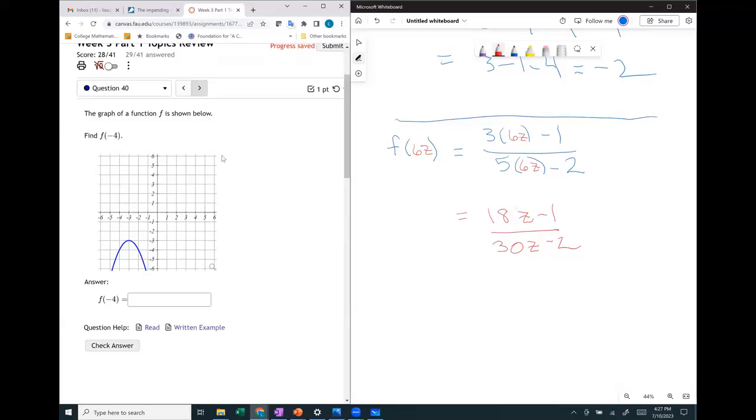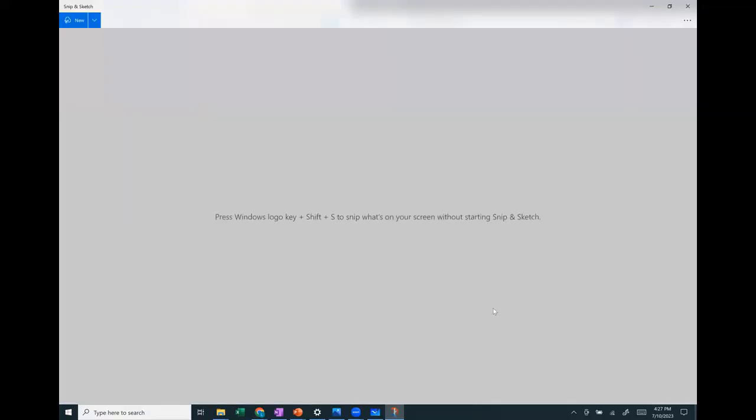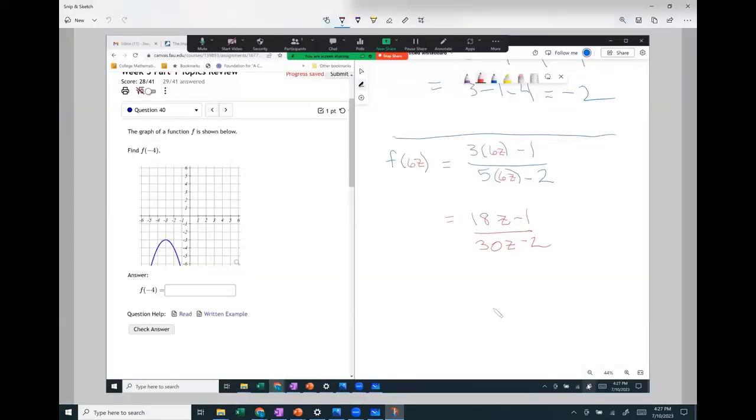So here, this is important. F of minus 4. You know what I'm going to do? I'm going to snip this so I can actually write on the screen. Okay. So here I have the graph of a function shown below. F of minus 4. Remember we said f of something, and then what we did is we put in our x here, and we're putting in our -4.